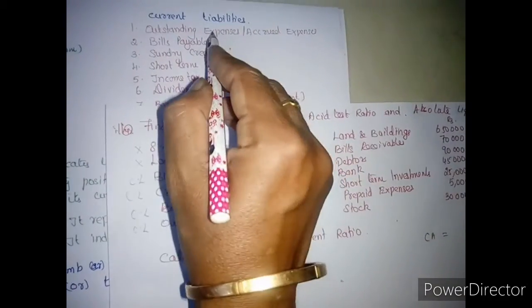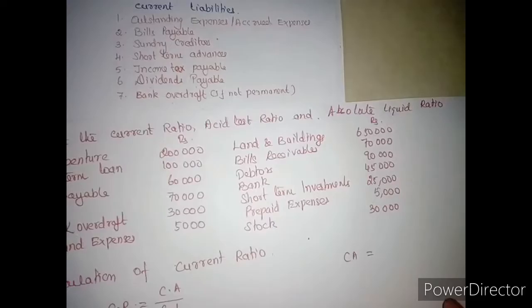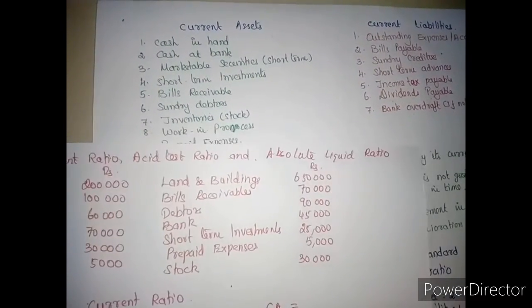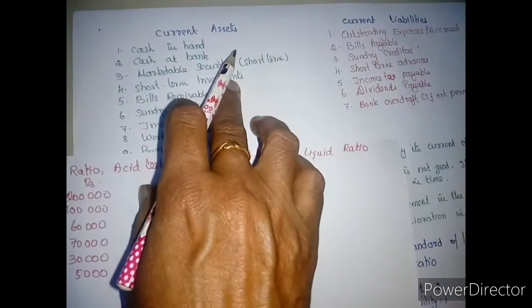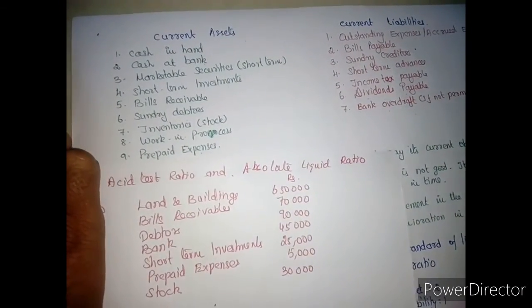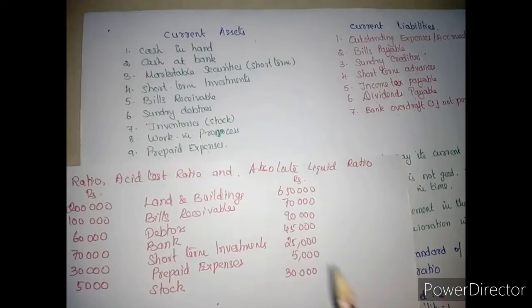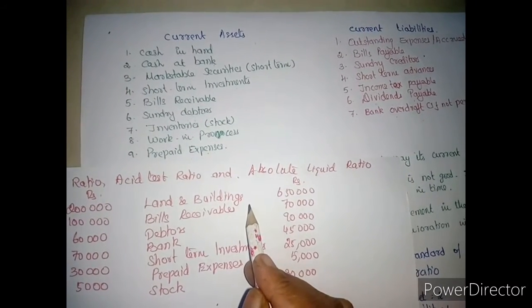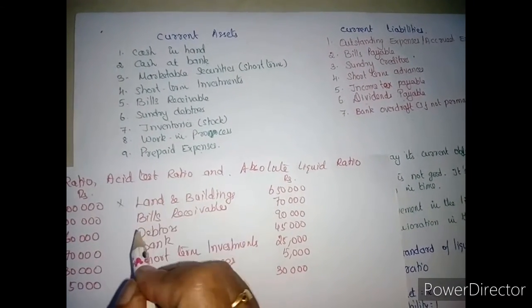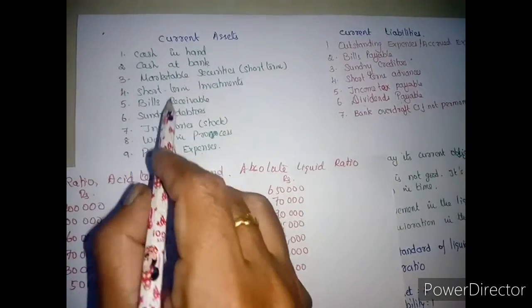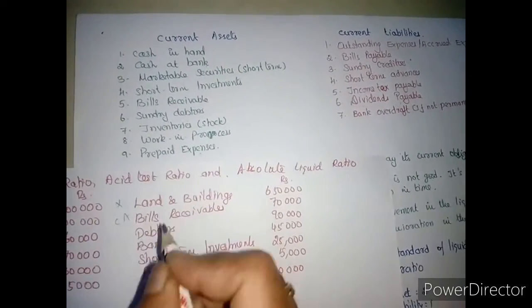current liability. Next, these are the asset items, so we have to see the asset items. Land and building is a fixed asset, so it will not count. Bills receivable, current asset.